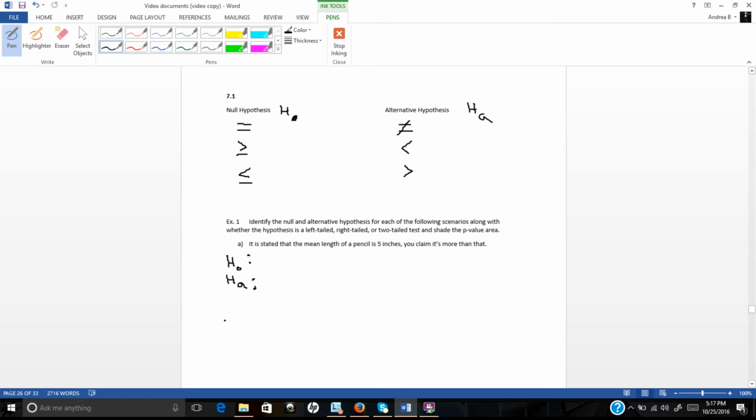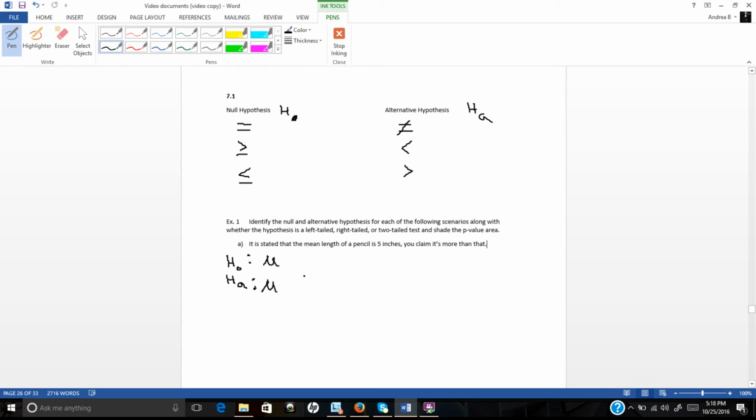and then we have the colon mark. Since we're talking about a mean, we'll have the population mean symbol here. That's your symbol mu, since we're talking about what we expect to happen for the population based on our sample.